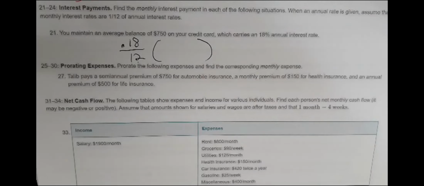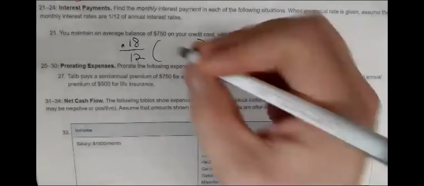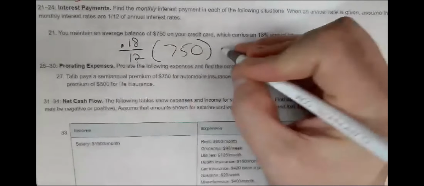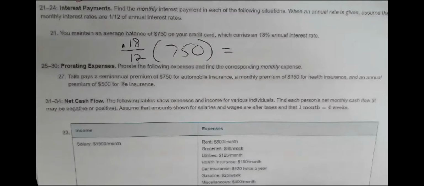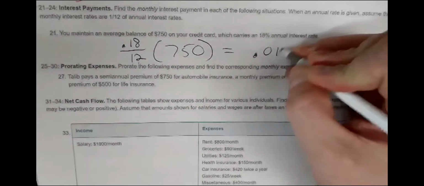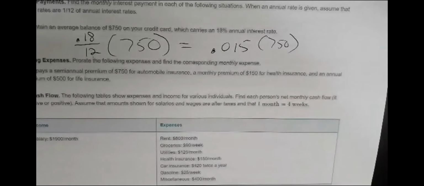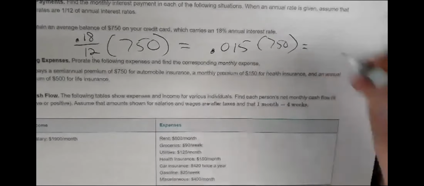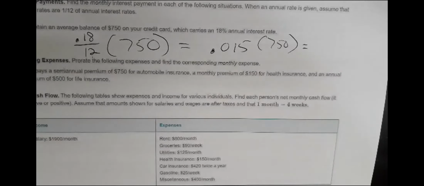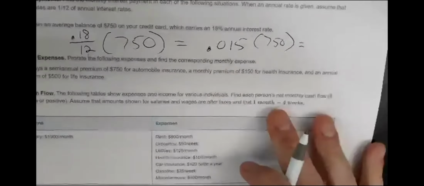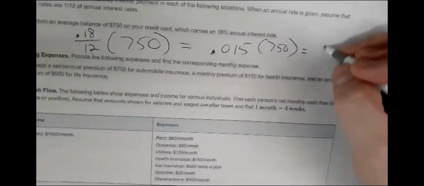What am I taking that 18% on? 750. On the 750 balance. So I do 0.18 divided by 12, and I multiply that by 750. Okay, so I'm doing this. I should get 11.25 for this thing, I believe.